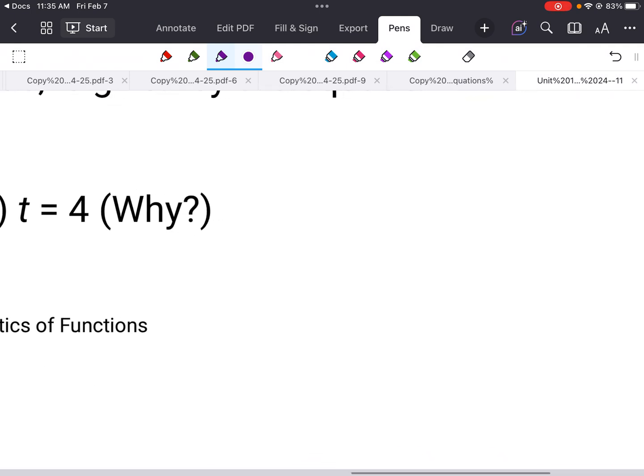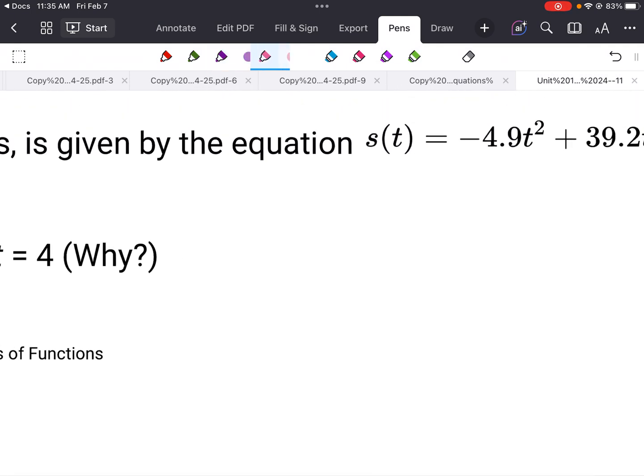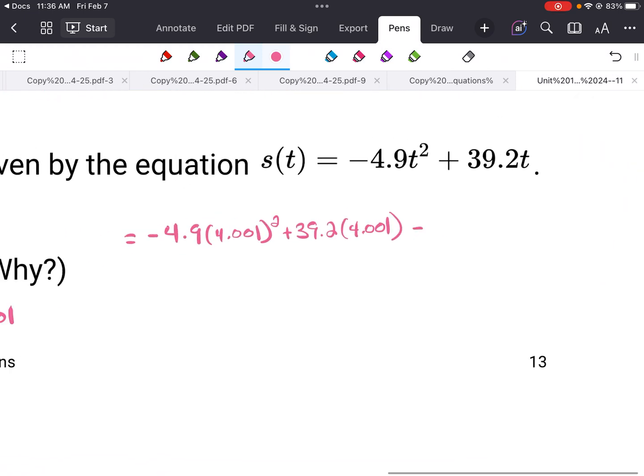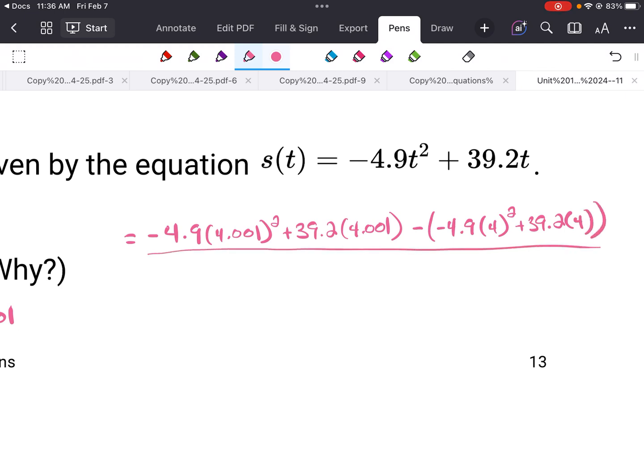Okay, what about when t is 4 and then we see that y there, so we know something's going to be weird. So negative 4.9, again I'm adding an h of 0.001. So we have 4.001 squared plus 39.2 times 4.001. And we'll subtract doing the same thing when t is 4. Again, we'll divide by our h value.